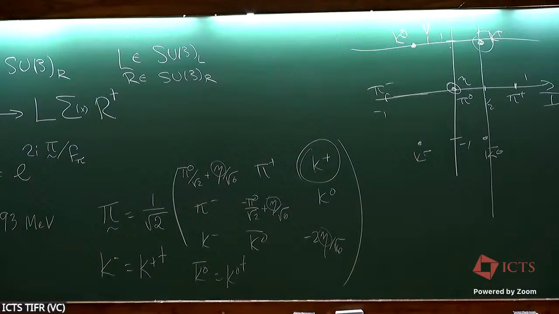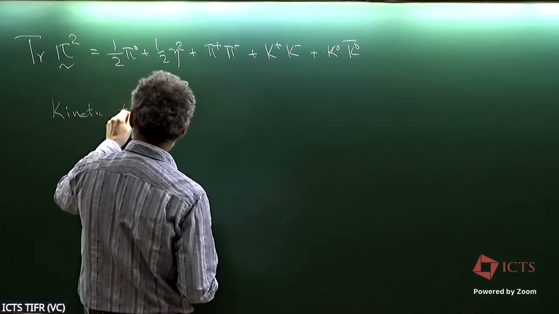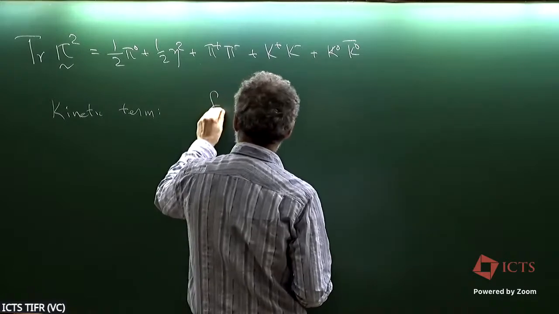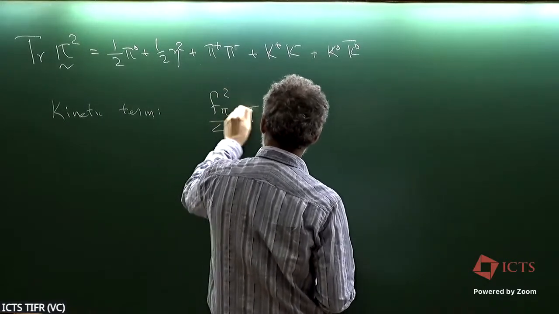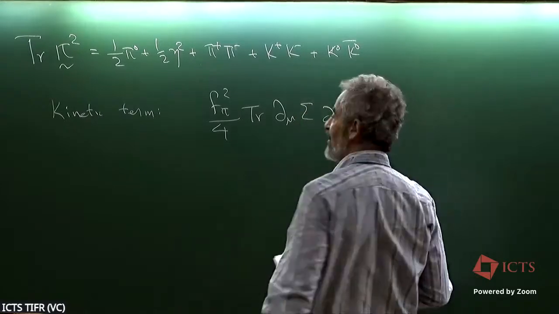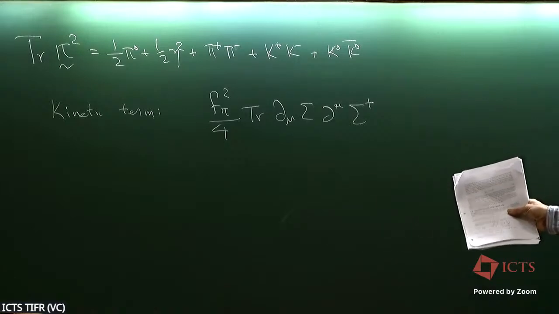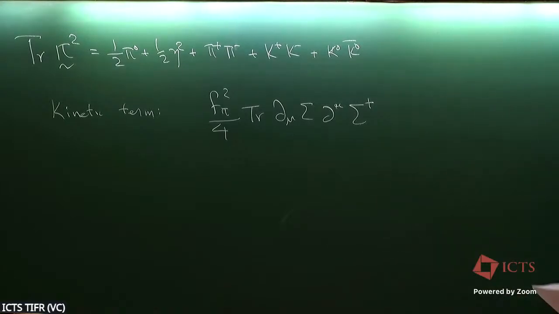Then we saw that you can write down a kinetic term, F pi squared over 4 trace of d mu sigma d mu sigma dagger. That is the most general theory up to 2 derivatives, except we now want to include the mass term, the quark masses, and understand what exactly is making these things not exact Goldstone bosons.